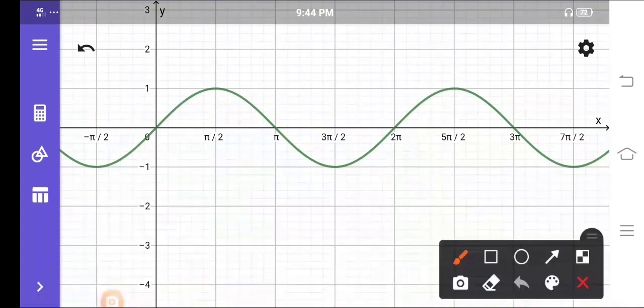The amplitude is the distance from the x-axis going to the maximum point, or from the x-axis or the horizontal line going to the minimum point. So considering y is equal to a sine bx, our a is 1, so our amplitude is 1.